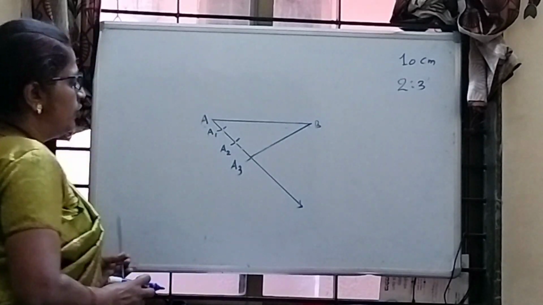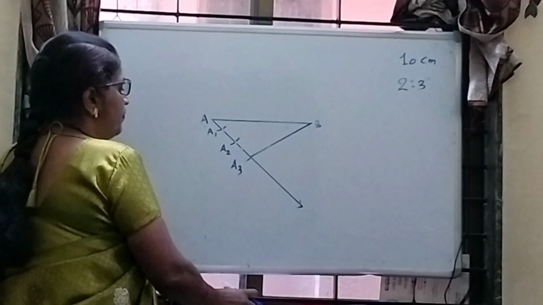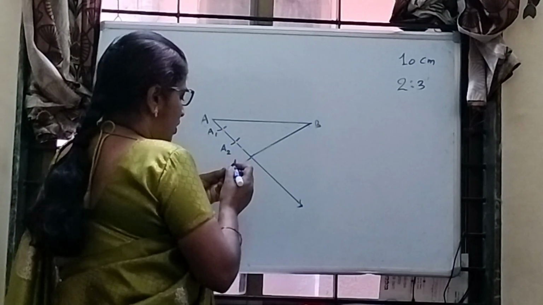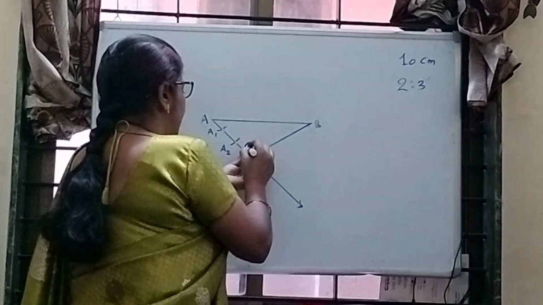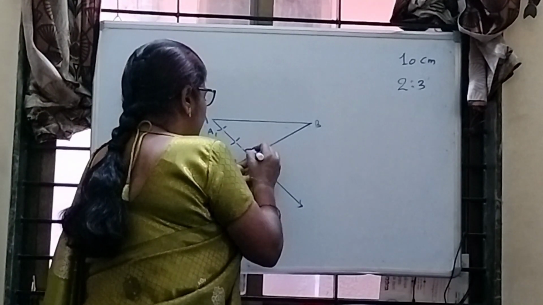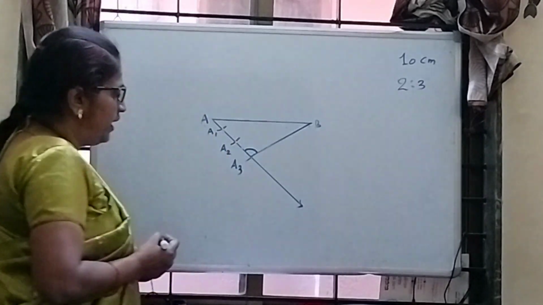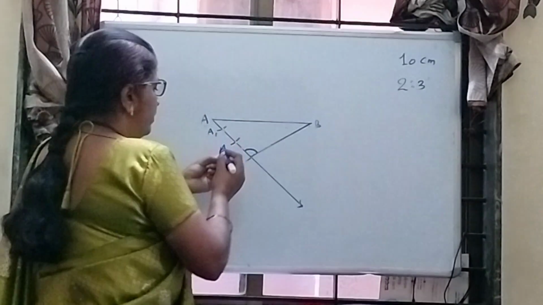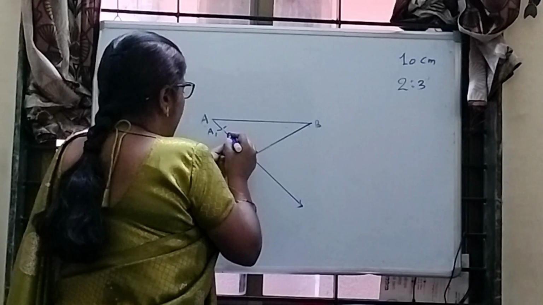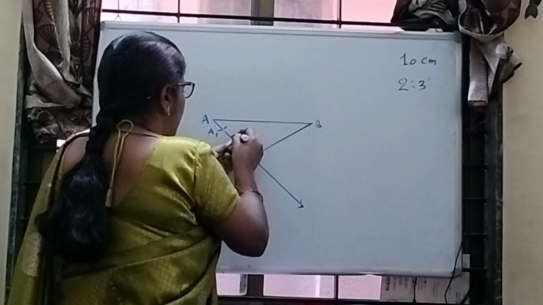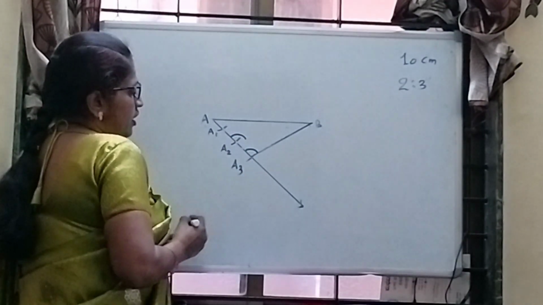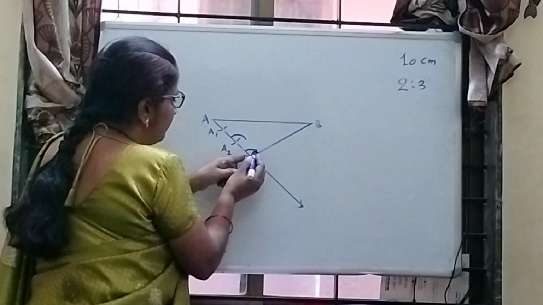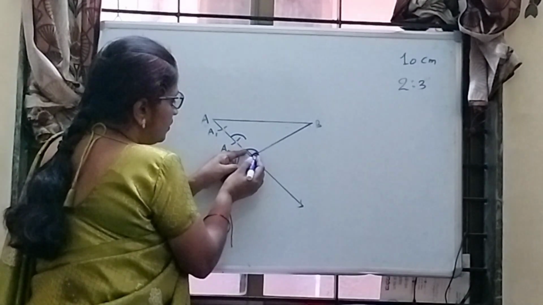So you will get this point. Now what you do, at A3 draw just to show an angle. Like this you can draw any. Now what you do with the same radius at A2 also you draw this. Now measure this. Measure this like this. Children, be careful.